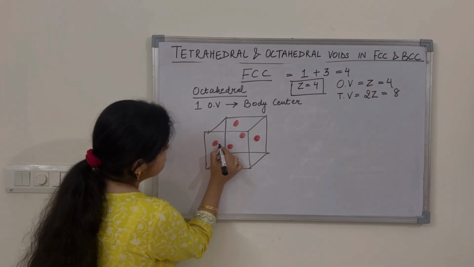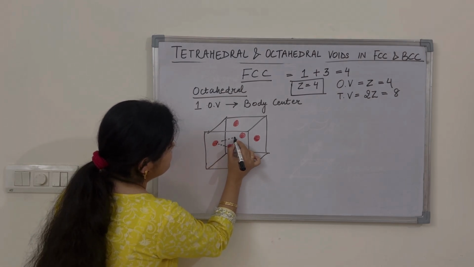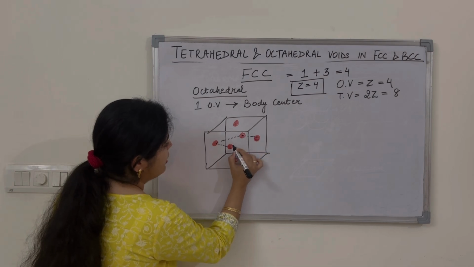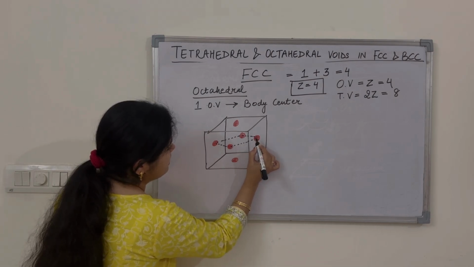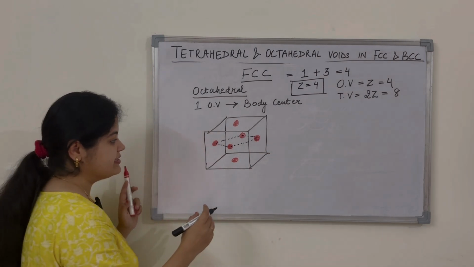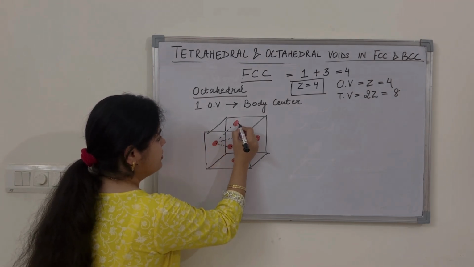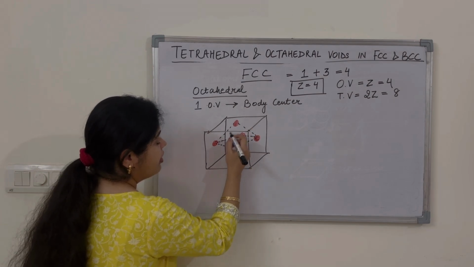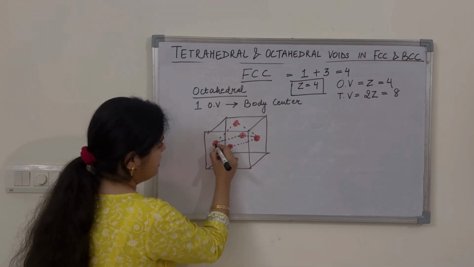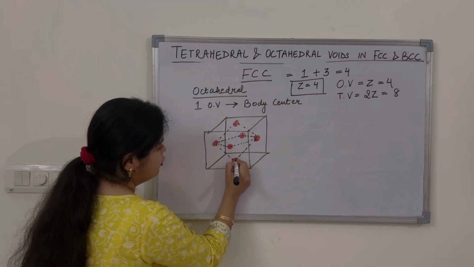Now just join the atoms which are lying in one plane. So 4 face-centered atoms are lying in one plane, and 2 atoms are lying in the other planes, one atom in the upper plane and one atom in the lower plane.